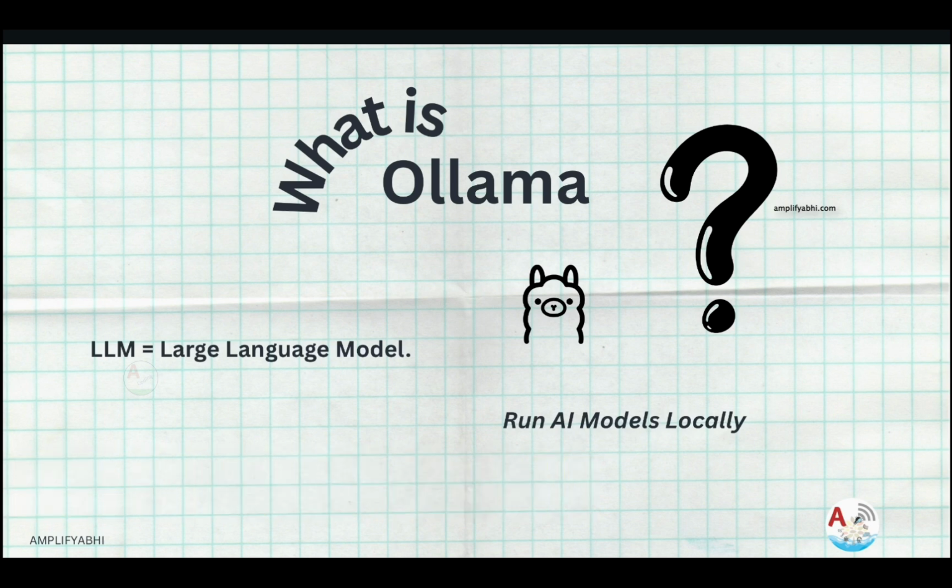So you might be using ChatGPT, Gemini, right? These are the kind of chatbots you might be interacting with, and the LLM is the brain of these chatbots. These LLMs are trained on large amounts of data, so they can understand and generate human-like responses for you.